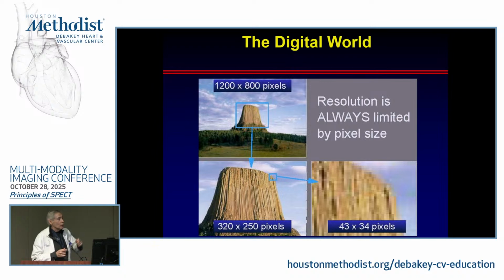Because the image resolution is based on what the pixel size is on your computer, okay? So it's very important when we have imaging that we use the best computer screens with the best image resolution with the highest number of pixels to be able to really read a study properly.